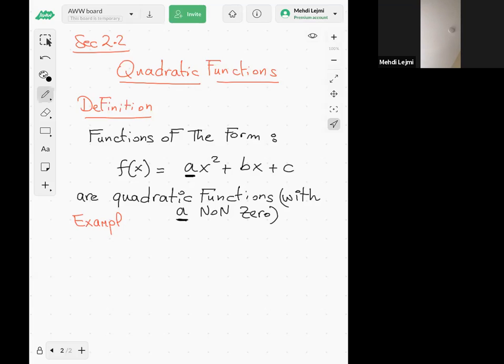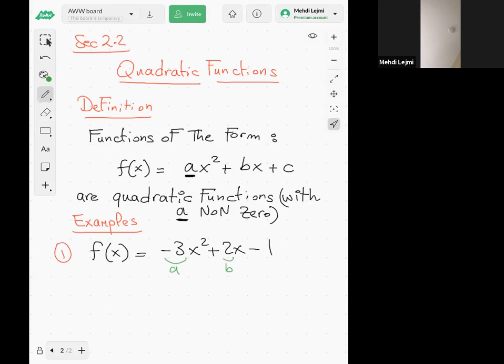For example, if you have f of x equals negative 3x squared plus 2x minus 1, your a would be this negative 3, which is non-zero.